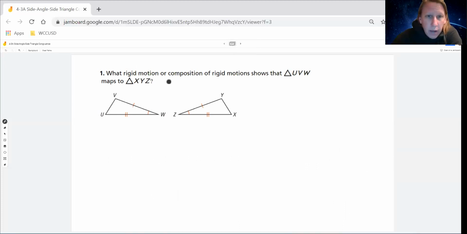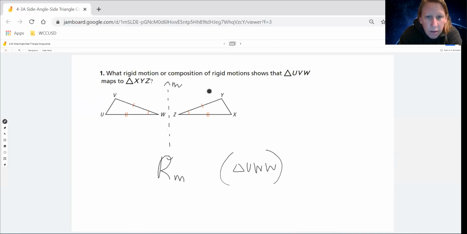In this problem, I can see there's a line of reflection right here. Maybe I'll name that line of reflection line M. I can say, yeah, these triangles are congruent because if I flip triangle UVW, what's the flip? Reflection, rotation, translation? Reflection.